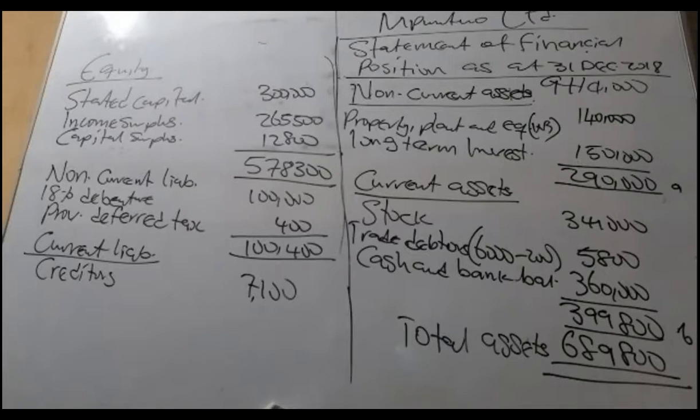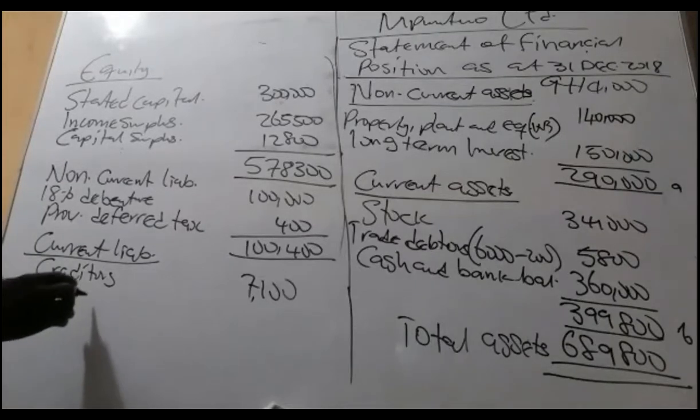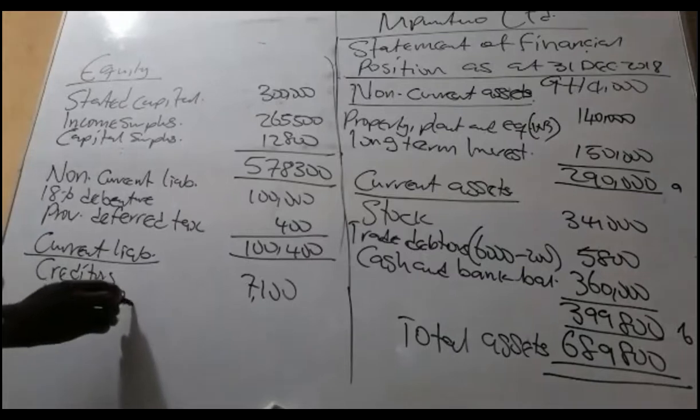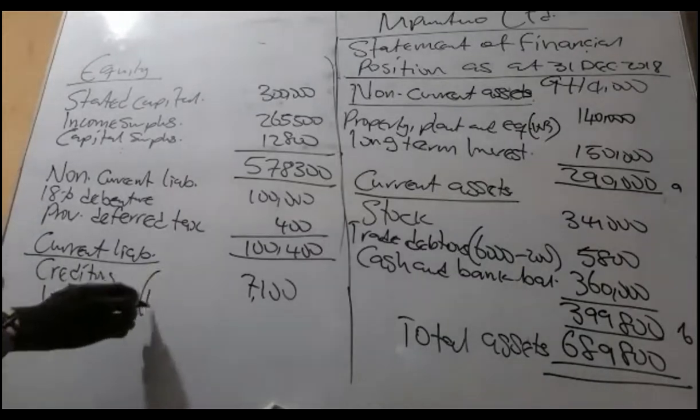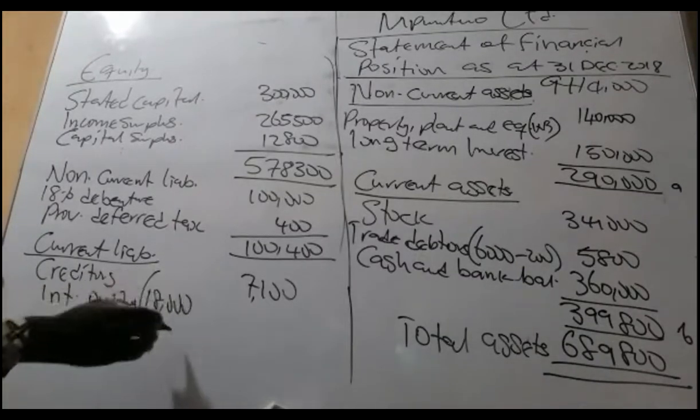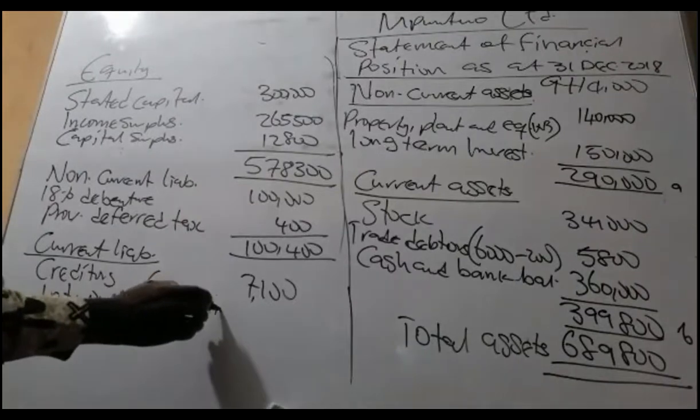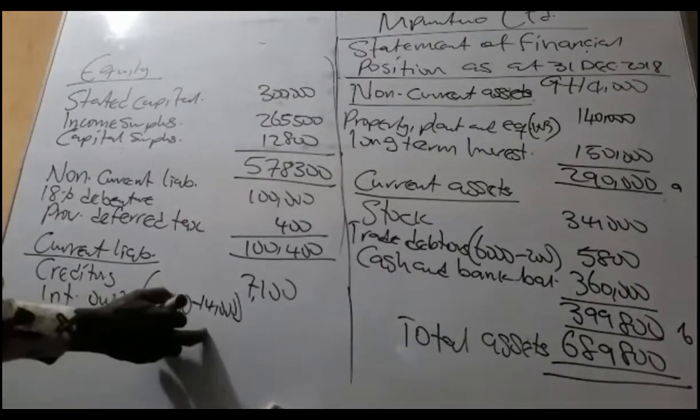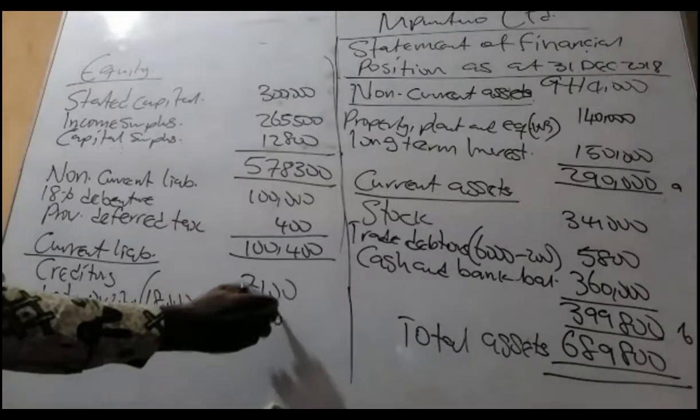Okay. Interest in arrears. Good. So interest owing. You open your brackets. They're supposed to pay 18, but they paid only 14. So they are owing what? 4,000.